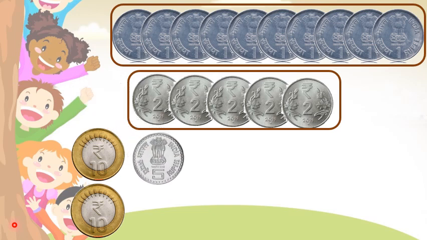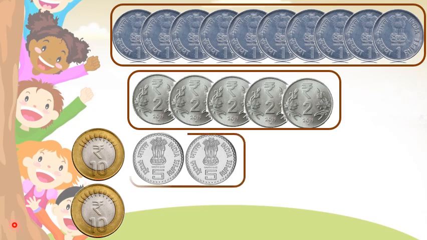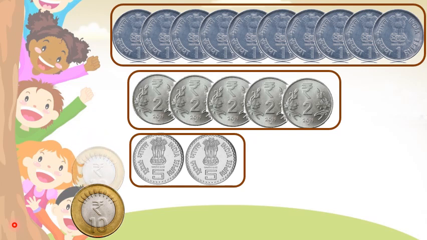She gave me 5 rupees 1 coin and 5 rupees second coin. Yes, this is right because 5 plus 5 is nothing but 10. Correct. Thank you Ankita for giving me the change for rupees 10.